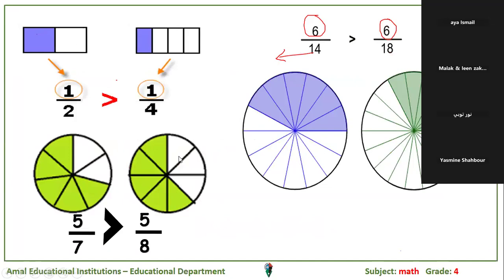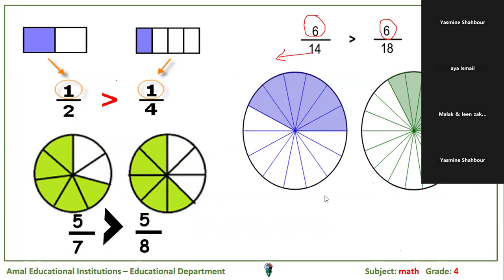Here we have the third example. In the first example, we have 5/7 because 5 colored parts from 7. And in the second example, 5/8 because we have 5 colored parts from 8.